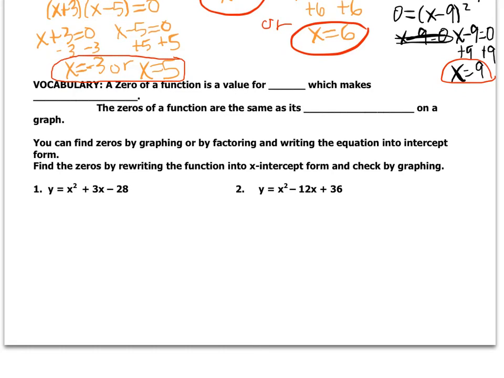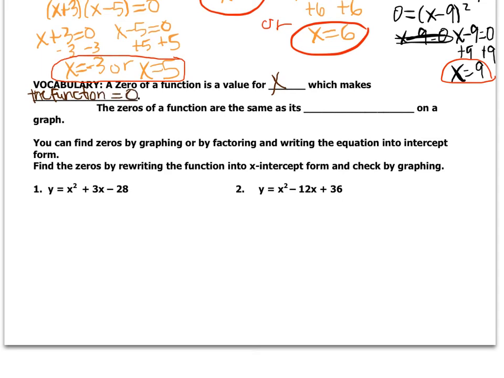Okay, so this right here is saying a zero of a function is a value for x which makes the function equal 0.